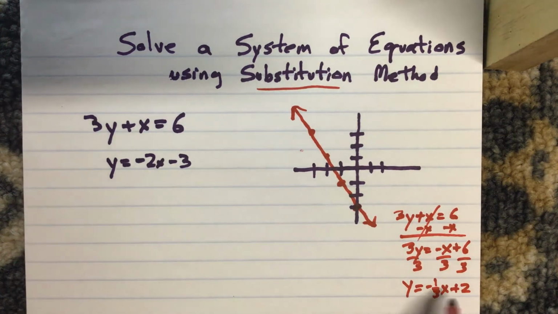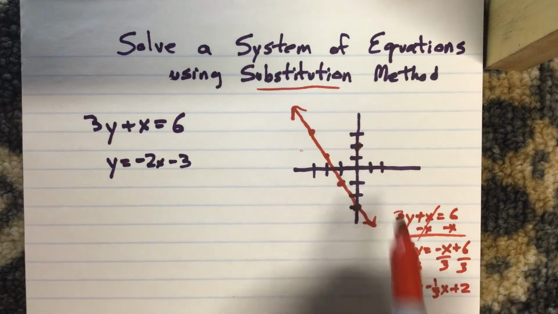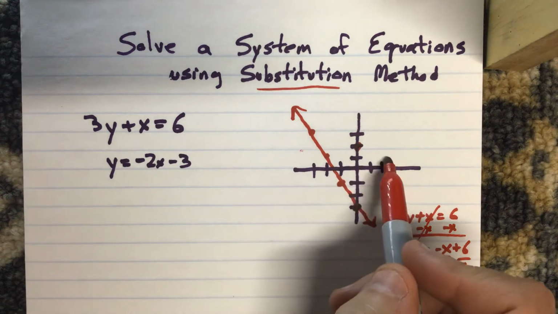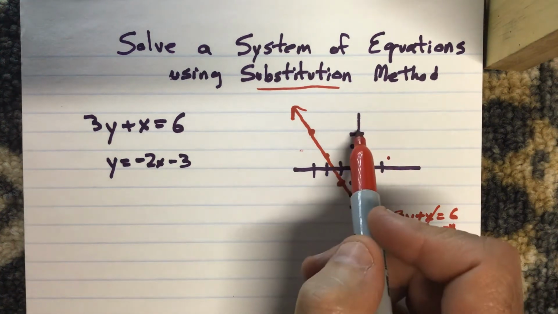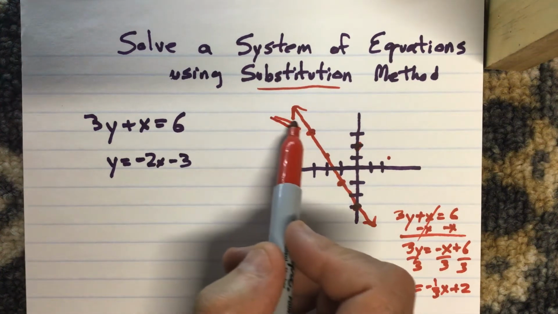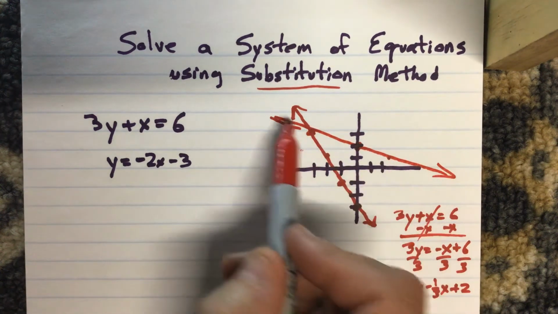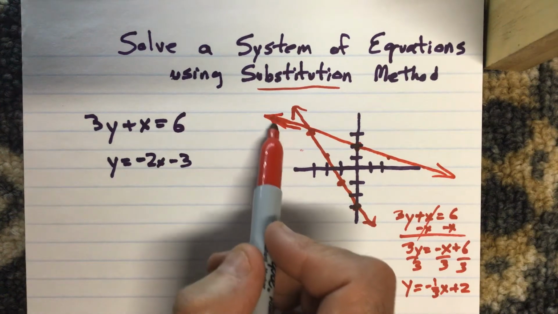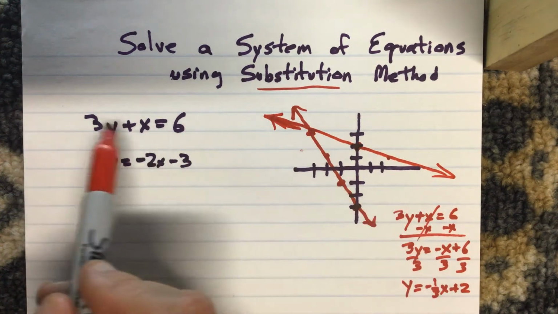And now it's in slope-intercept form, and I can easily graph it. Start at 2. I could go down 1 and 3 to the right, or I could go up 1 and 3 to the left. And so it looks like this. And you can see that that's a graph of all the solutions to this function.